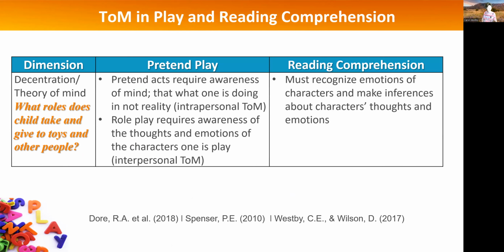First, theory of mind. What role does the child take or give to others? The act of pretending requires an intrapersonal theory of mind. The child needs to be aware, this is not real, I'm only pretending. And more advanced symbolic play requires that the youngster be able to think about the thoughts and emotions of the characters that they're pretending to be.